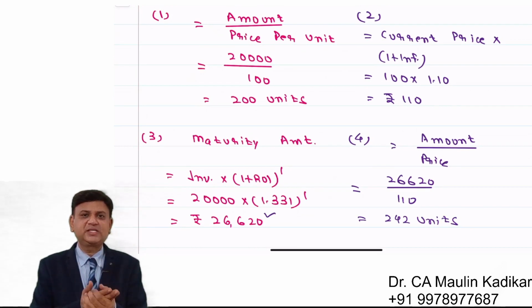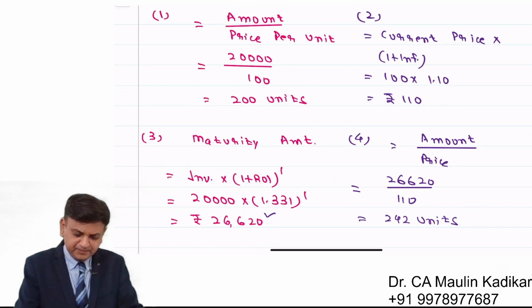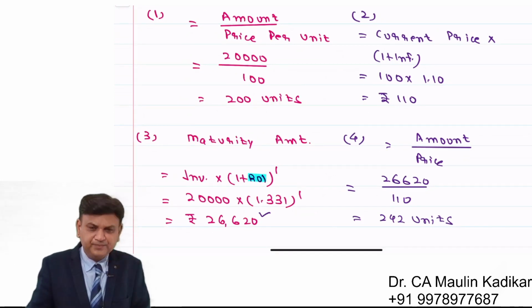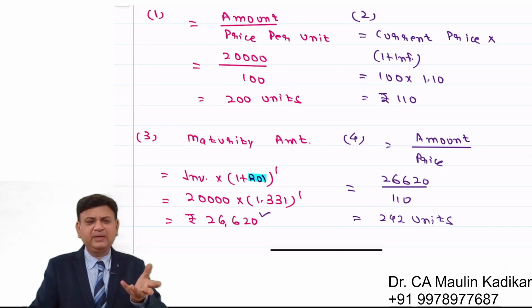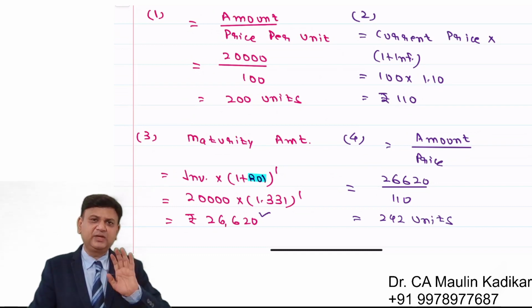So basically we understand that over here the term nominal rate of interest means the rate of interest which is prevailing in the market for investment. That is considered to be the nominal rate of interest. Means if at all we make investment in any deposit, whatever the rate of interest that we are getting is called nominal rate of interest.